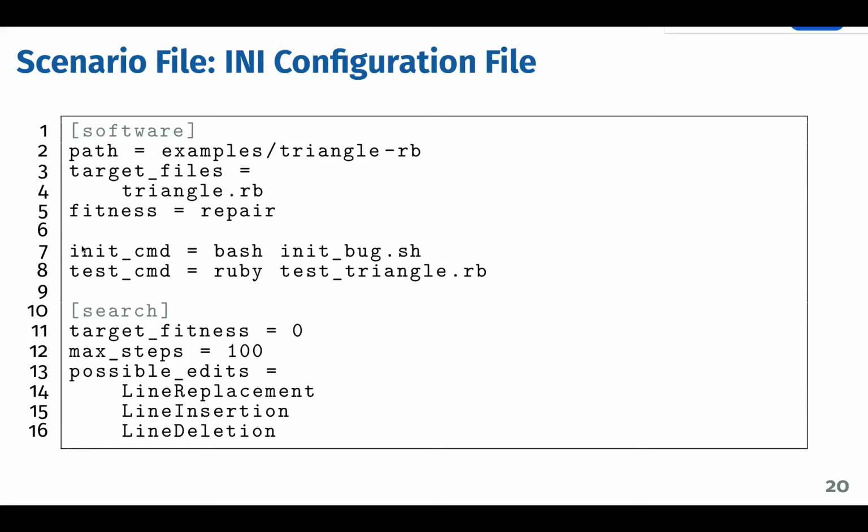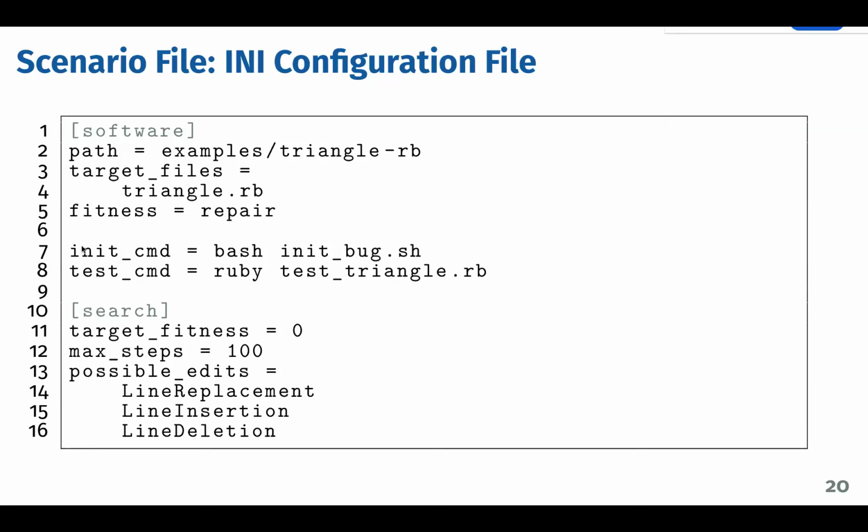The scenario file is simply an ini configuration file. You will need to specify where your software is. In this example, the software is in the example directory, example/triangle_ruby.